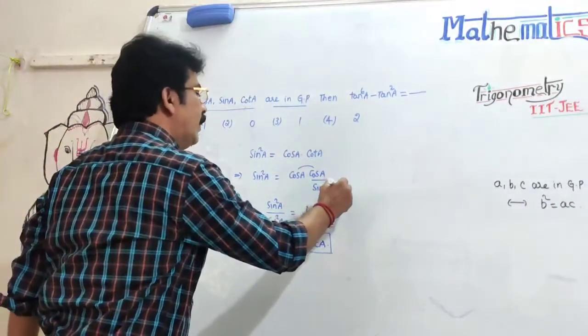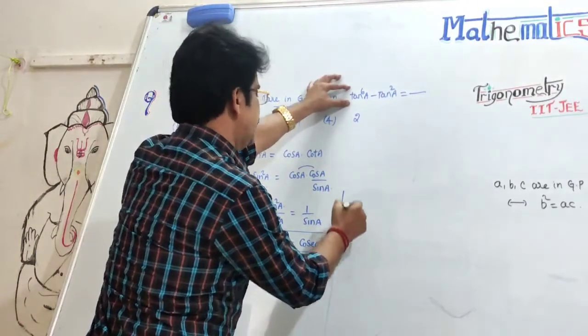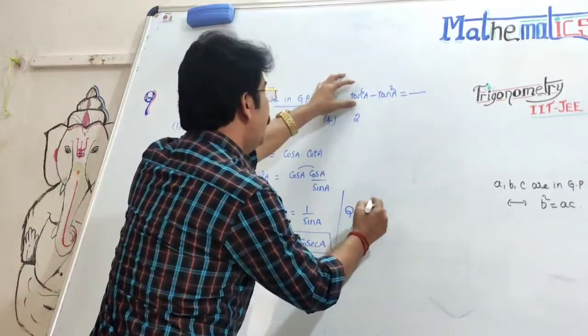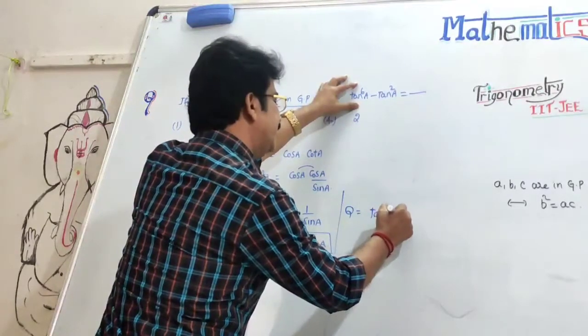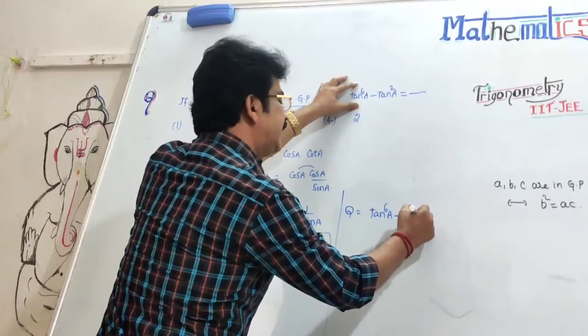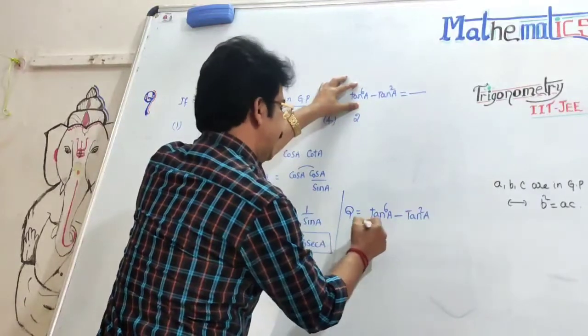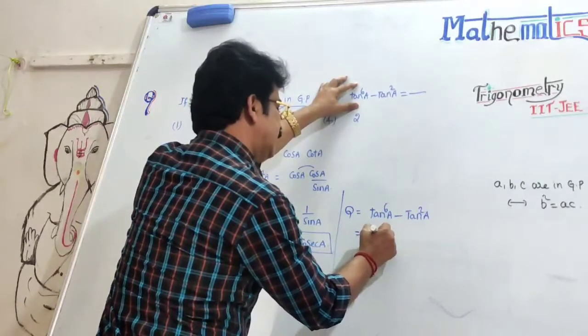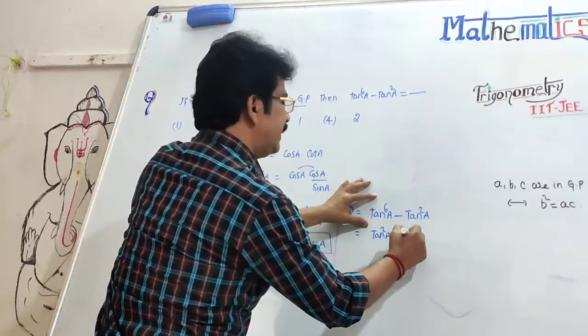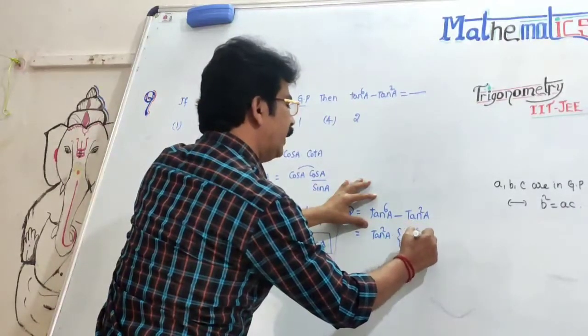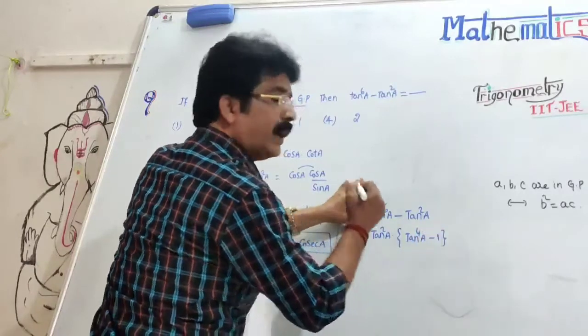Next, okay, what is the question? This is the question. The question is tan to the power of 6a minus tan square a. That is equal to, so tan square a common, it can be tan square a into tan to the power of 4a minus 1.